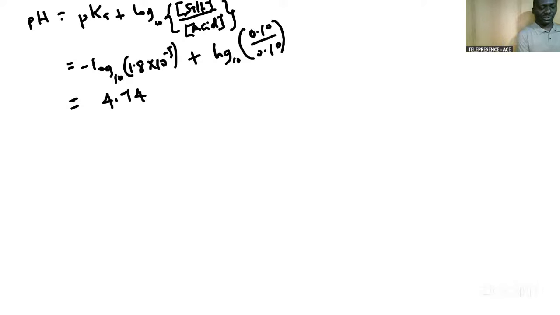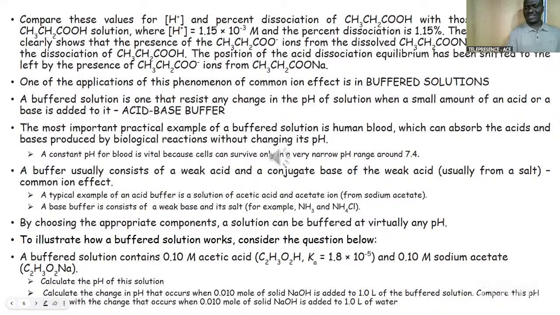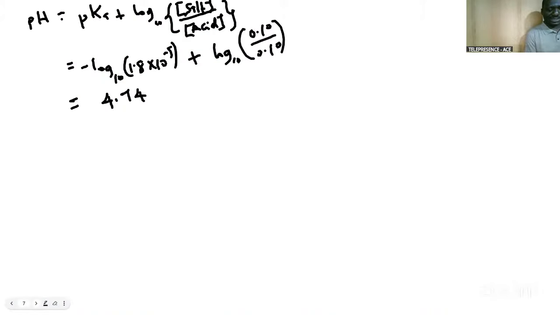Now the question is asking further, let's go back to the page, it says you are adding 0.01 mole of solid sodium hydroxide to 1 liter of the buffer. Now what will happen? Let's look at that together. So these are the processes going on in the buffer.